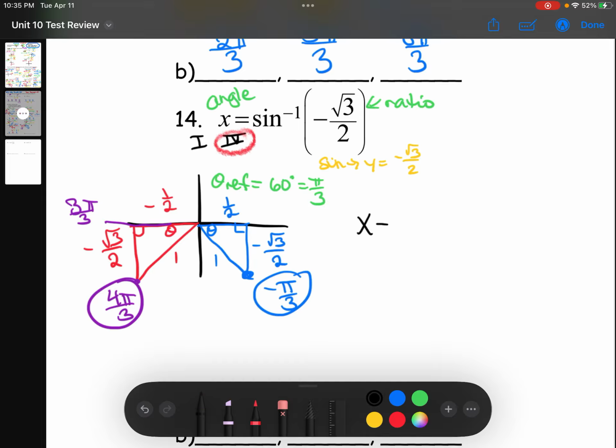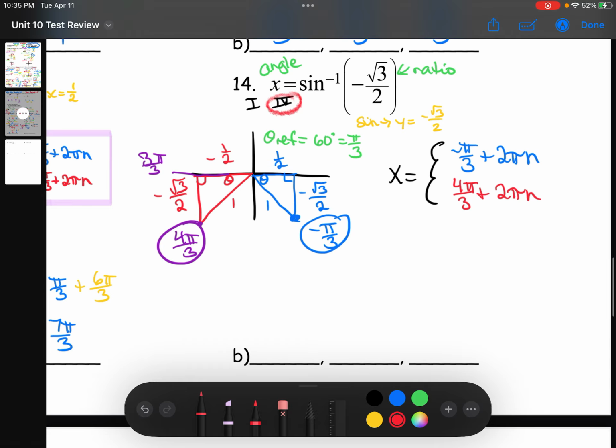So our general solution, x equals negative pi over 3 plus 2 pi n for the principal solution. And then the other is 4 pi over 3 plus 2 pi n.